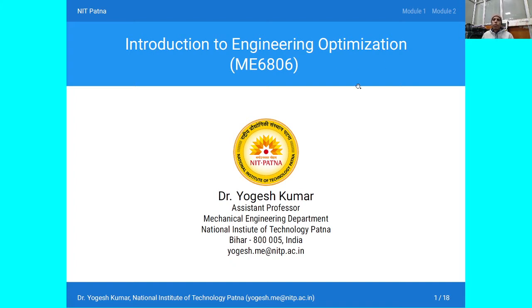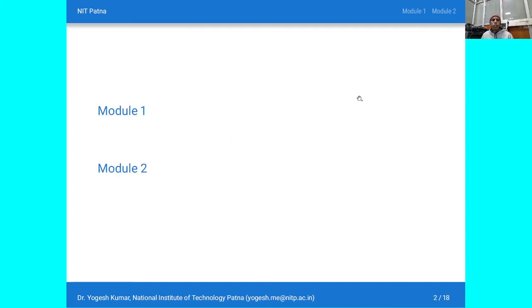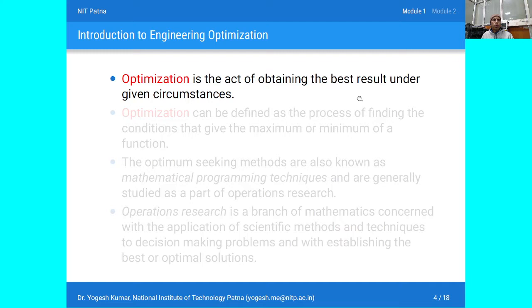Under module one, your first topic is introduction to engineering optimization. As the name indicates, it is well understood that we are optimizing something. Optimizing means we are obtaining the best result under given circumstances.